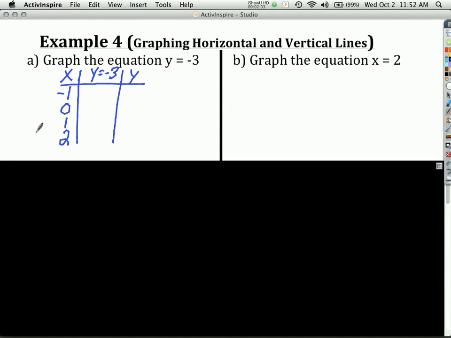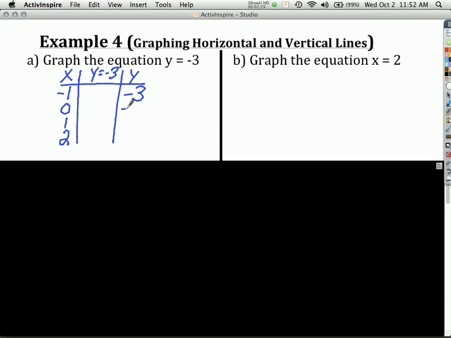Tristan? It's confusing to me because there's no x in it. Exactly. There's no x in the equation to plug the value into. So what that means is, no matter what value you use, y will always be -3.